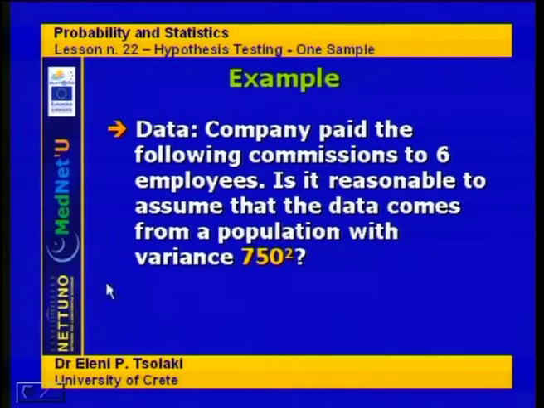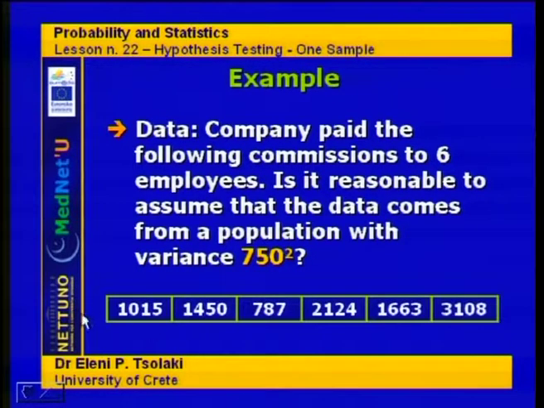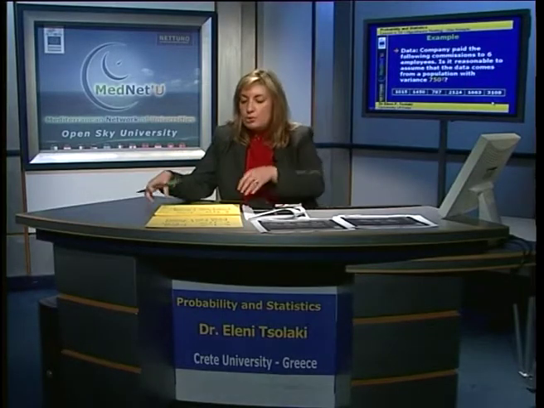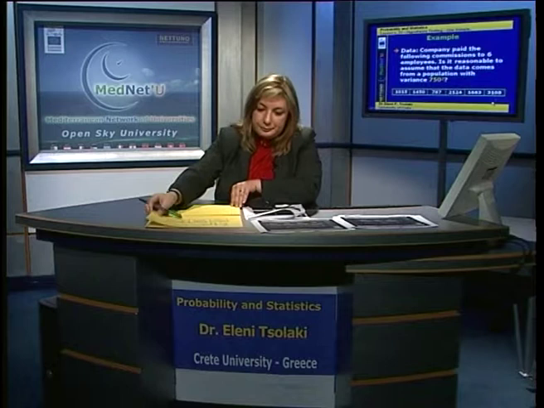Let's see an example for this problem. We have a company that paid commission to 6 employees. Is it reasonable to assume that the data comes from a population with variance 750 squared? The data are given in this table, and we calculate our test statistic to see what's happening.